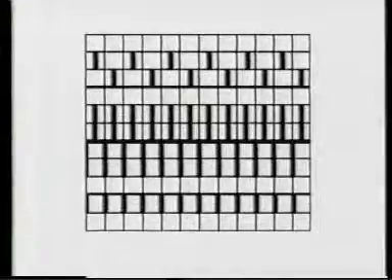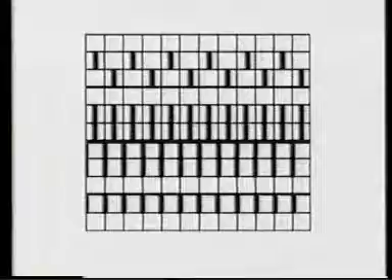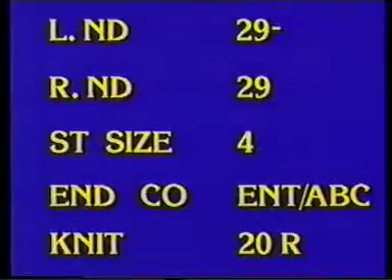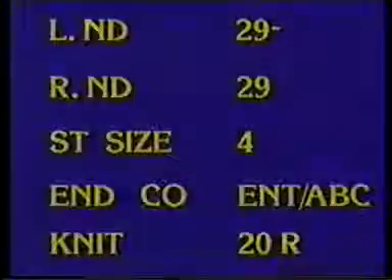After the ABC key is pressed, the needles and pushers should be set according to this needle diagram. Follow computer information. Knit 20 rows when ready. After the 20 rows are knit, return to the video.